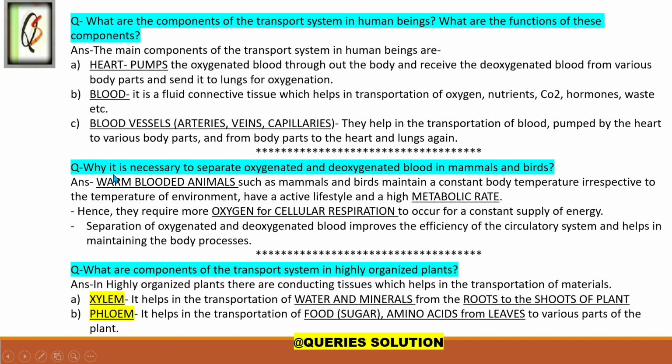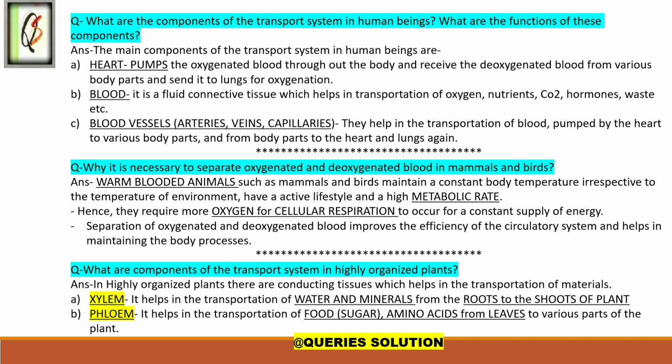Next question. Why is it necessary to separate oxygenated and deoxygenated blood in mammals and birds? Just to add here, we have not studied the circulatory system of birds, but we have studied the condition of the circulatory system in humans. And we do know that our heart is four chambered, and especially the left and the right sides of the heart are separated from each other by a septum, if you remember that, right?